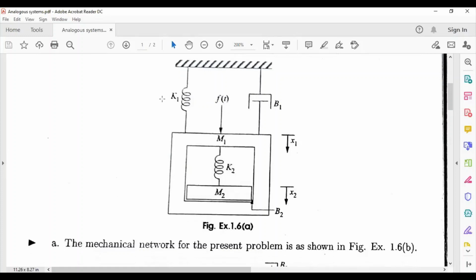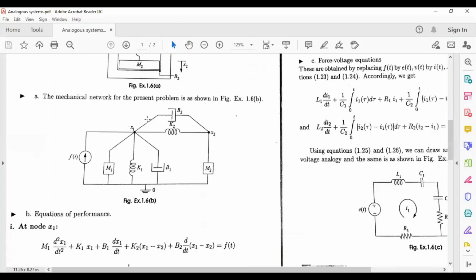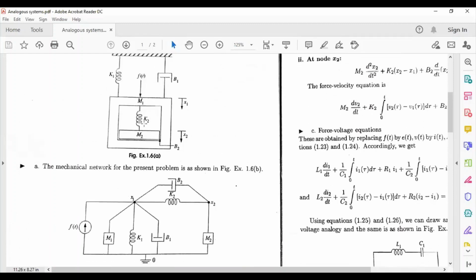So we already know the relation between F, force, then X, then M, B, K in the force voltage scenario. So directly we will draw the equivalent diagram. In the equivalent diagram, there is one displacement with respect to M1, another displacement with respect to X2. Then K2 and B2 are common to M1 and M2.